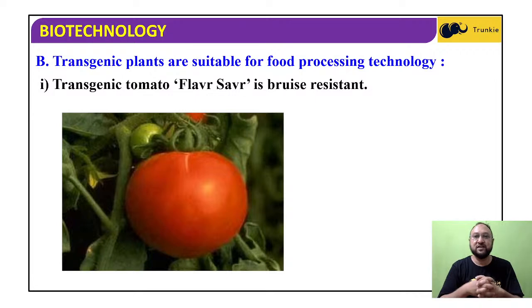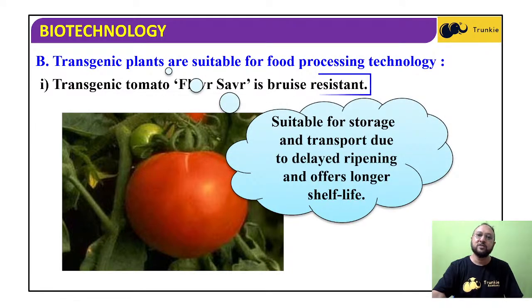Flavr Savr is the name of one type of transgenic tomato. So they are suitable for storage also, they are not easily decayed, they remain fresh for a longer period of time, and they can also be used for different food processing purposes. So this delays ripening and offers longer shelf life.